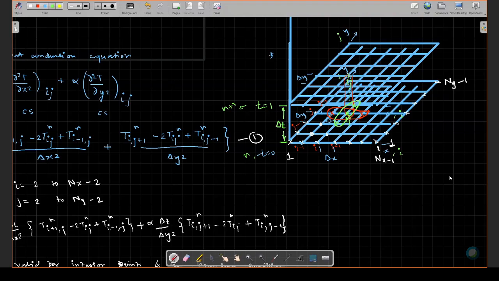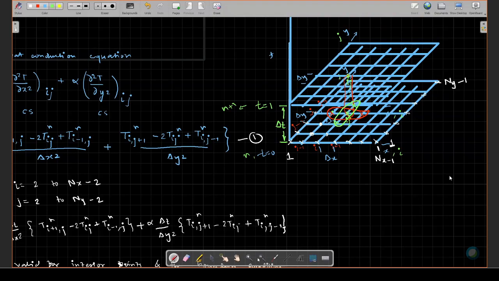For the other terms, around this point we use a forward difference and a backward difference. In x, forward difference, these two points will be used, and in y, backward difference, these two points will be used. So we have to use the Taylor series at this point Tij n.